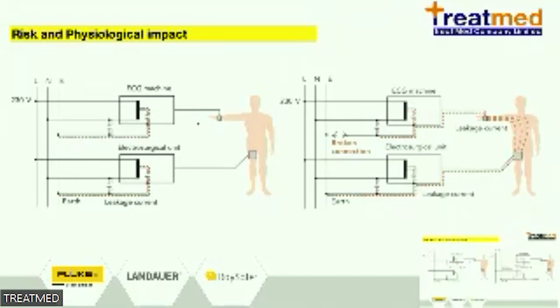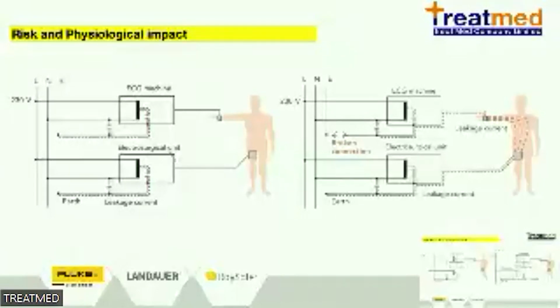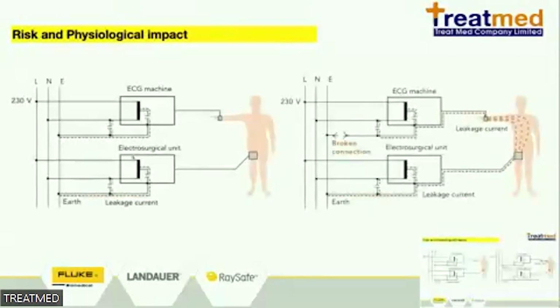The patient uses an ECG machine and also an electrosurgical unit together. In a complete system, when leakage current comes to the ECG machine, it goes to ground and to the ground system in the building, and likewise for the electrosurgical unit.